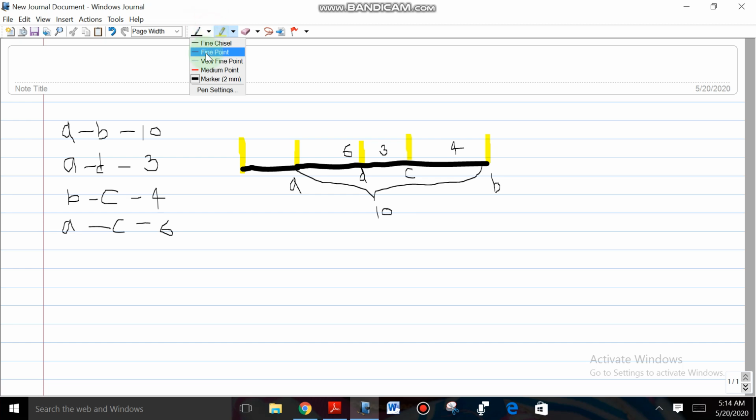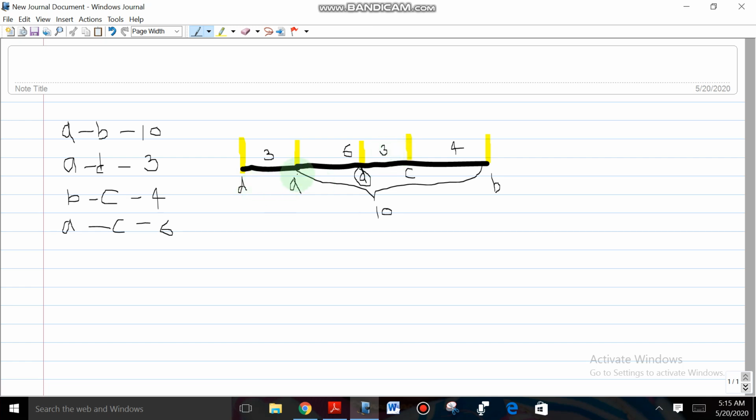Now clear, huh? Either D is present on this side or D is present on this side also. So the direction is not given here, we are just assuming. Now calculate what is the distance between C and D. Suppose D is present here, the distance between C and D is 3 map units.